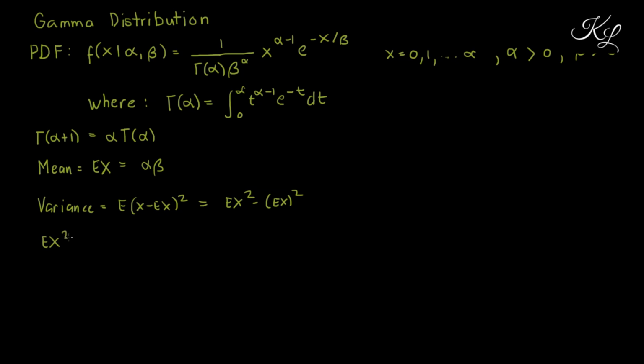So let's derive the expectation of x squared. This is equal to the integral of x squared times the probability density function, which is this one, dx. This is from 0 to infinity. Now let's move out this constant from the integration.